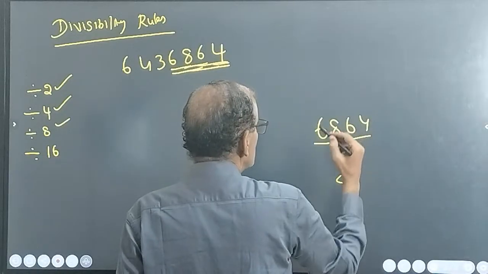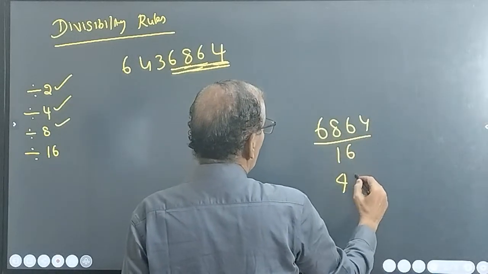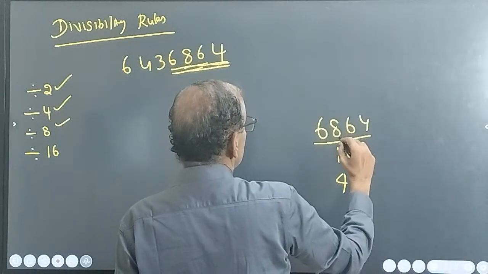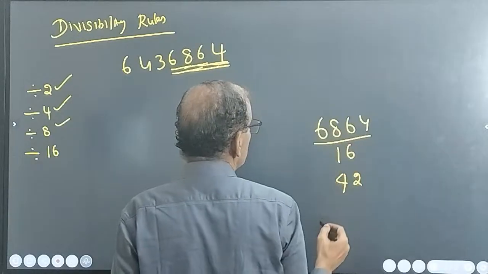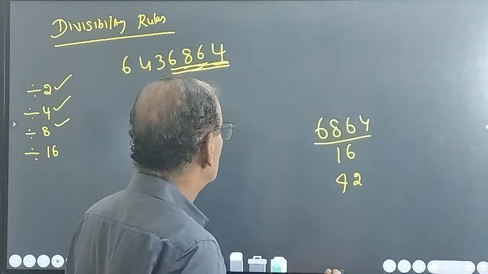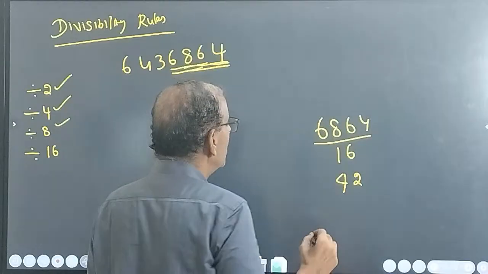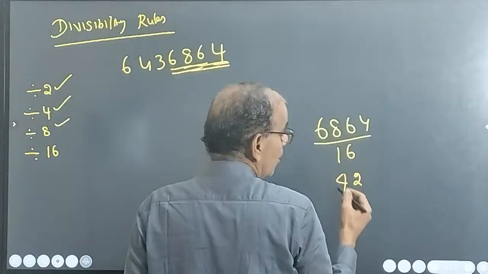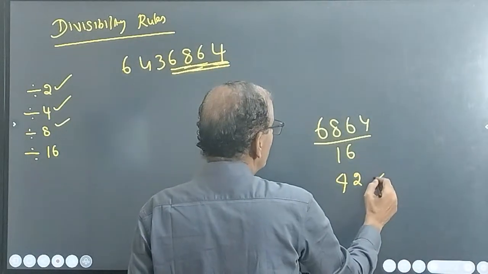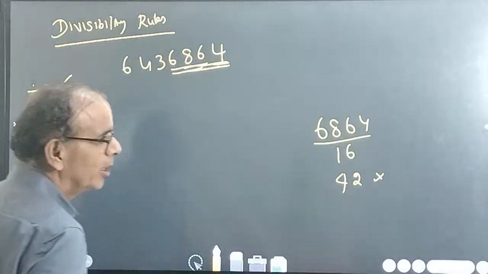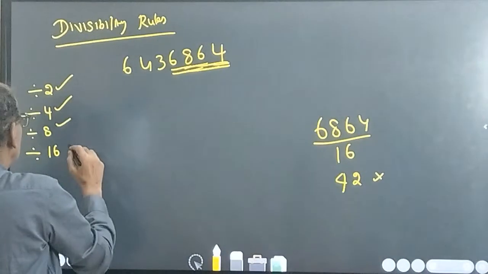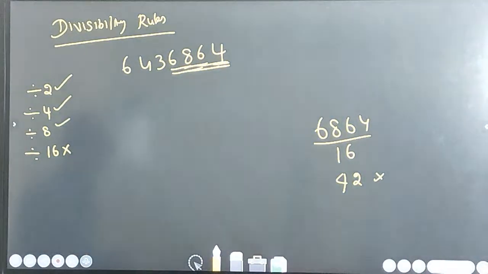Remainder 4, 46. 2 6 are 32, 12. 4 16s are 64, 46, 32, 12, 124. 124 is it divisible? No. That is, it is not divisible. 124 na 144 ku da divide agum. Okay. Then that number is not divisible by 16.